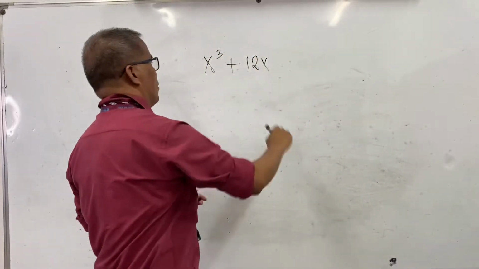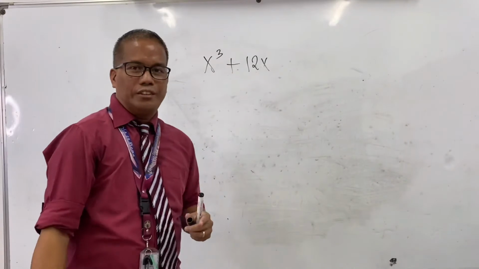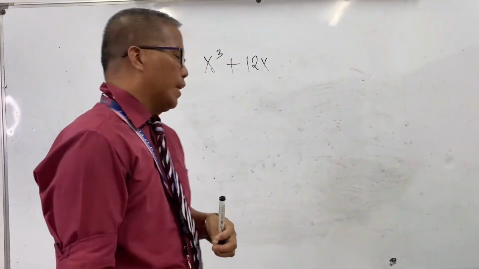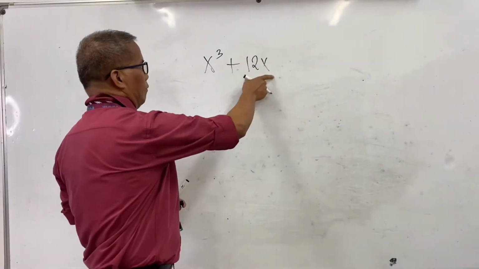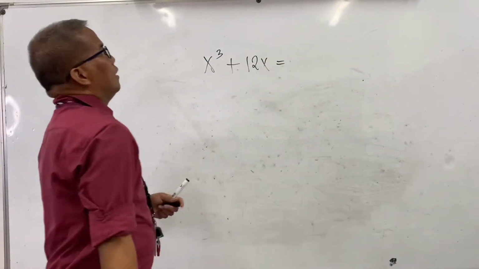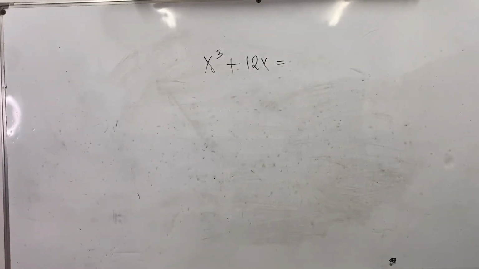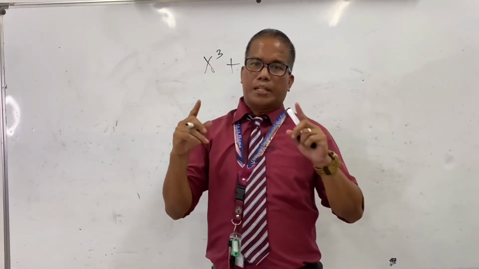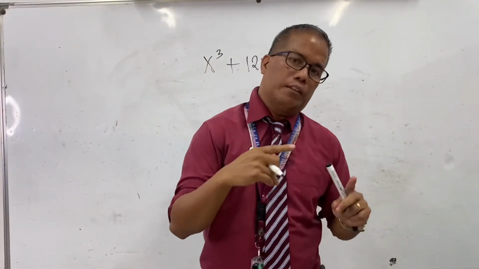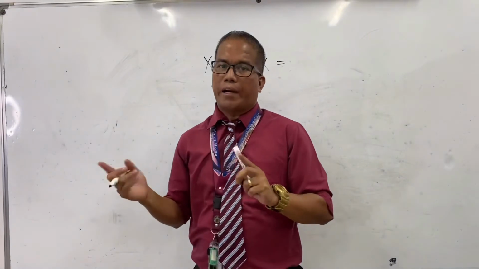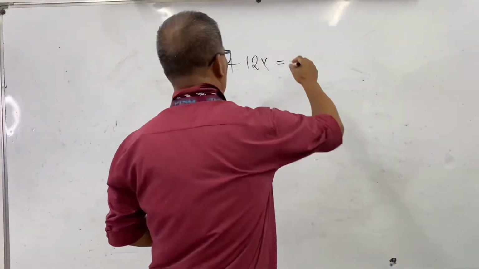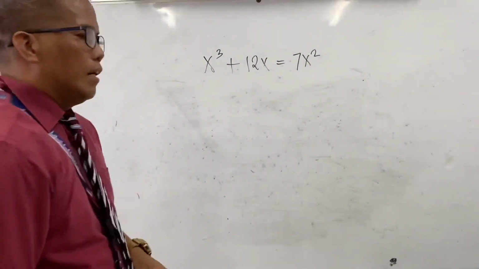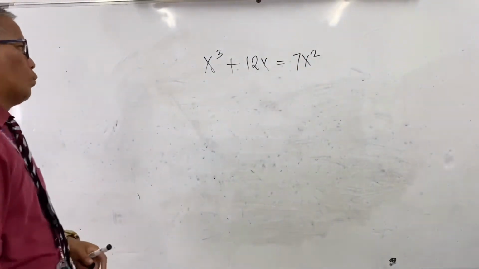The sum, so we will use addition, because the word is sum, meaning addition. x cubed plus 12x is equal to 7 times the square of the number. So 7 times the square of a number is 7x squared.